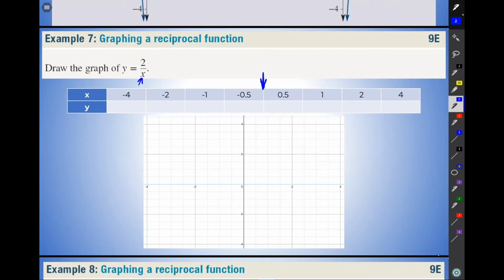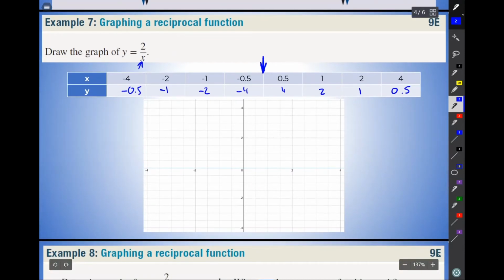2 divided by 4 is a half. 2 divided by 2 is 1. And so on. And then we just fill in our points on the graph.